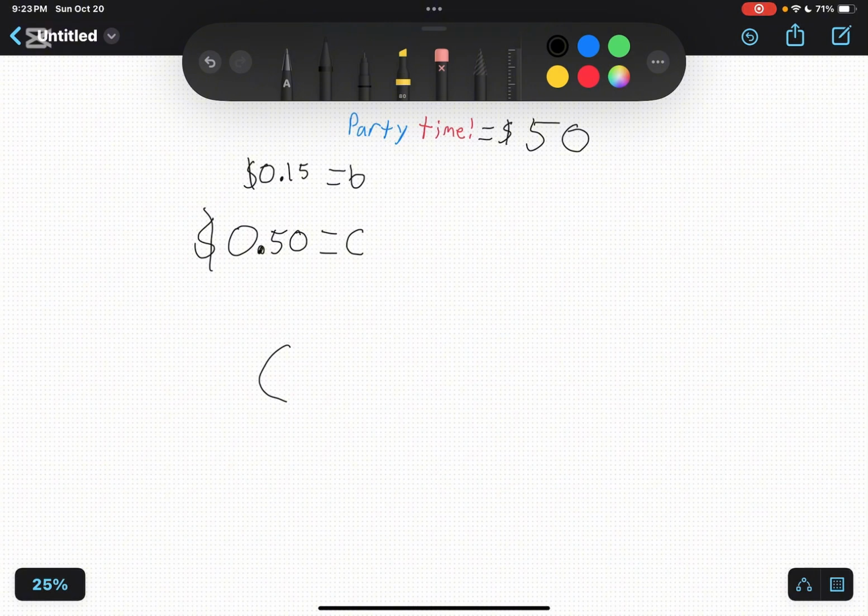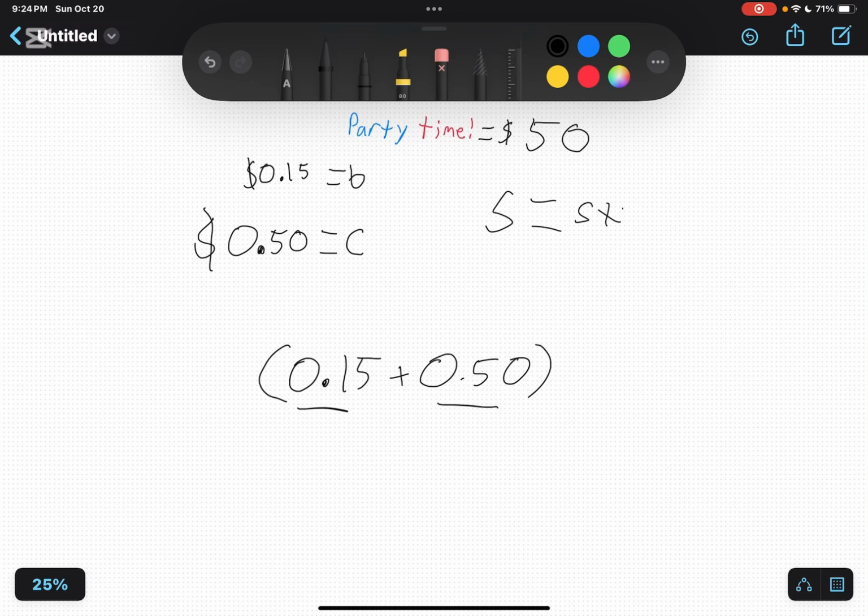Remember, parentheses are the first thing in order of operations, basically saying you do whatever's in parentheses first, right? So we have the cost of balloons right here and the cost of the cake right here. But we'd want it to all be multiplied by S. Remember, S is the amount of students. I'll put that right here.